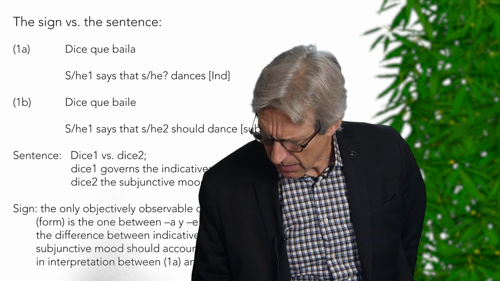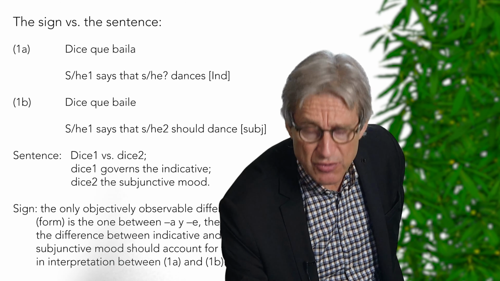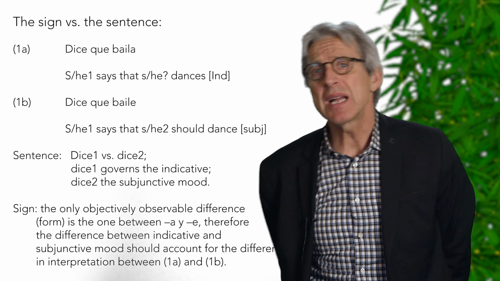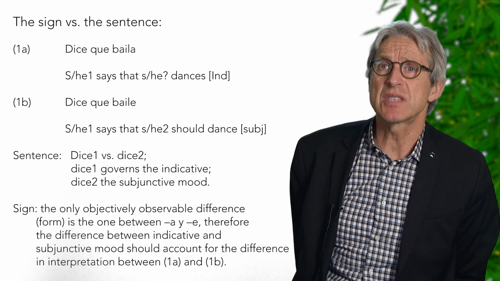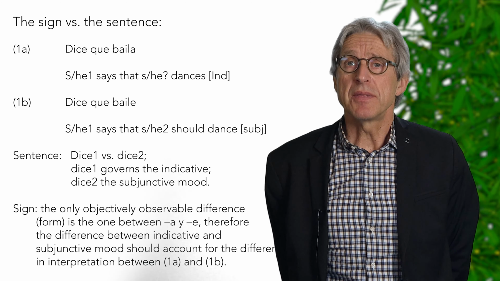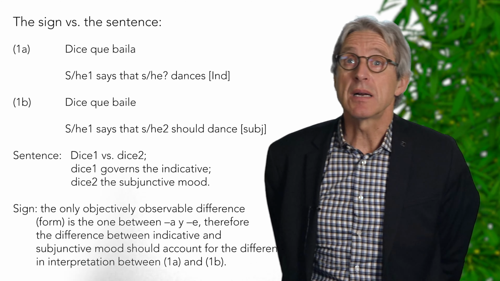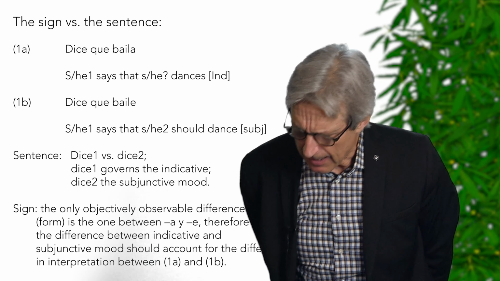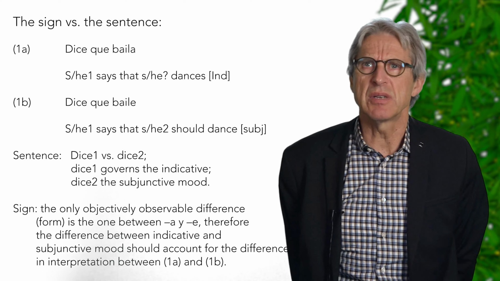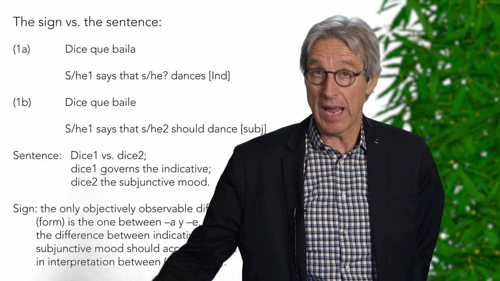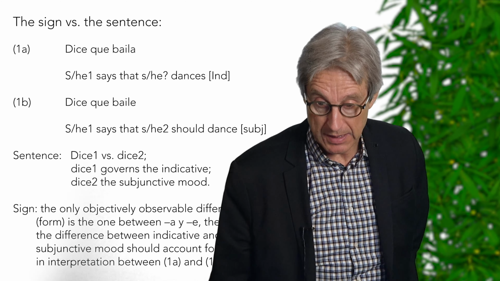Now, in traditional grammar, you will find utterances like, well, there are two kinds of decir, two kinds of to say, in which the first one governs the indicative, whereas the second one governs the subjunctive mood. Now, this is all very counterintuitive because we don't see any difference between dice in 1a or in 1b.